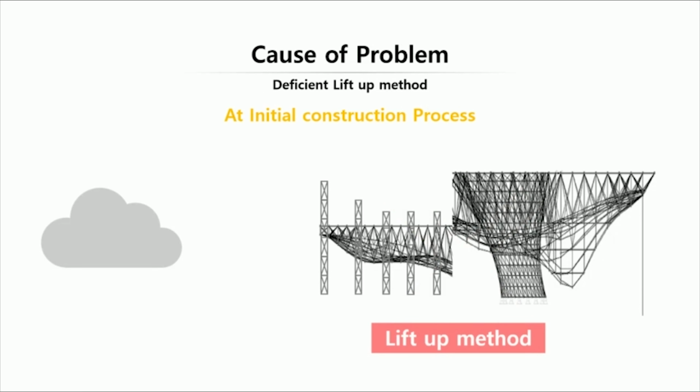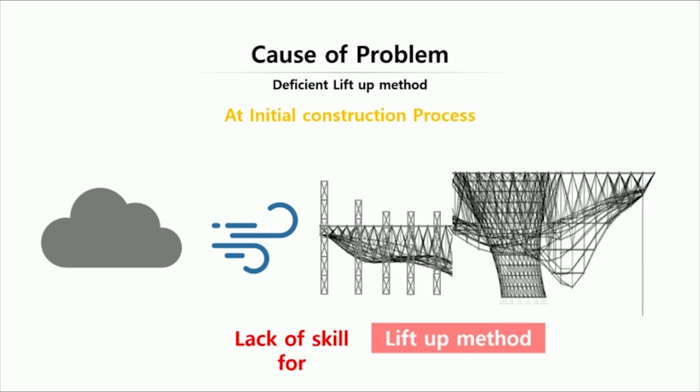The introduction of the lift-up method was not considered in the early stages. Because of the characteristics of this site, vertical management was difficult due to the wind, and there was a lack of technology accumulation for the lift-up method compared to tech-advanced countries.